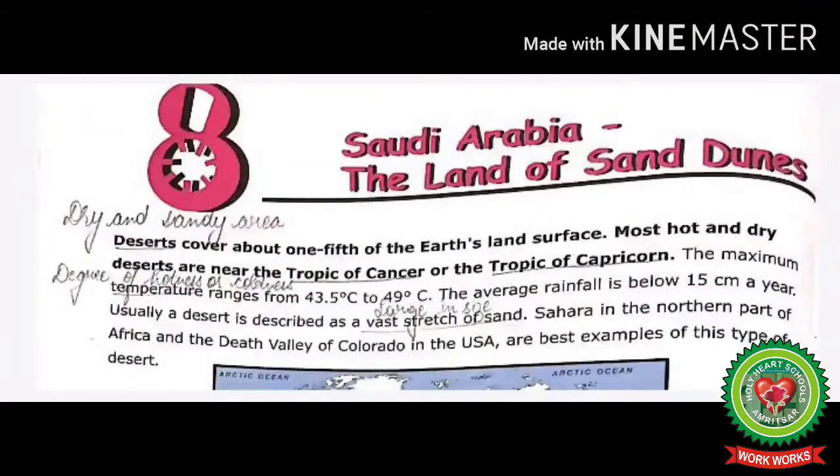The maximum temperature ranges from 43.5 degrees Celsius to 49 degrees Celsius. The average rainfall is below 15 centimeters a year. The word temperature means degree of hotness or coldness.